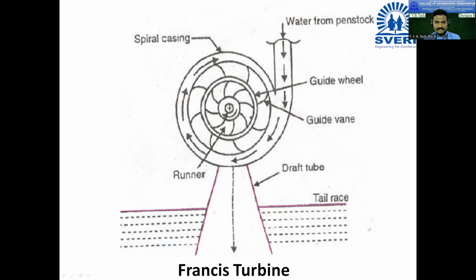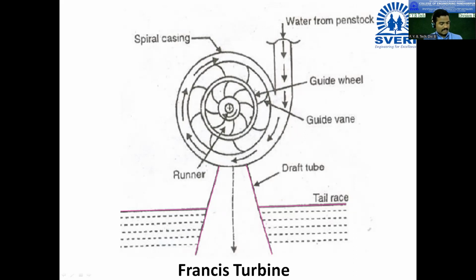The casing is a spiral kind of casing. Whatever water is coming through the penstock comes with high speed and high pressure. It enters into the casing. Then it tries to move toward the runner. Firstly, it enters at the guide vanes.